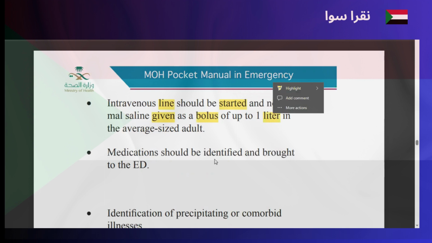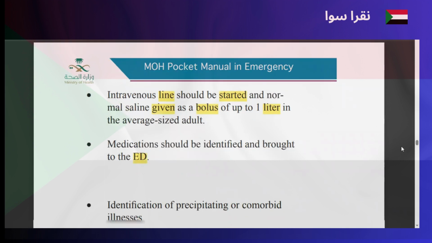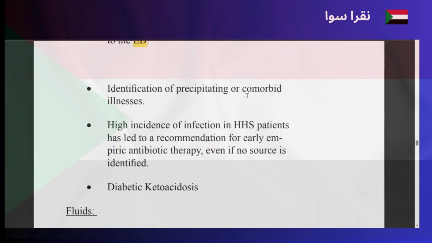Medication should be identified and brought to the emergency department. Identification of precipitating or comorbid illnesses: the high incidence of infection in HHS patients has led to a recommendation for early empiric antibiotic therapy, even if no source is identified.